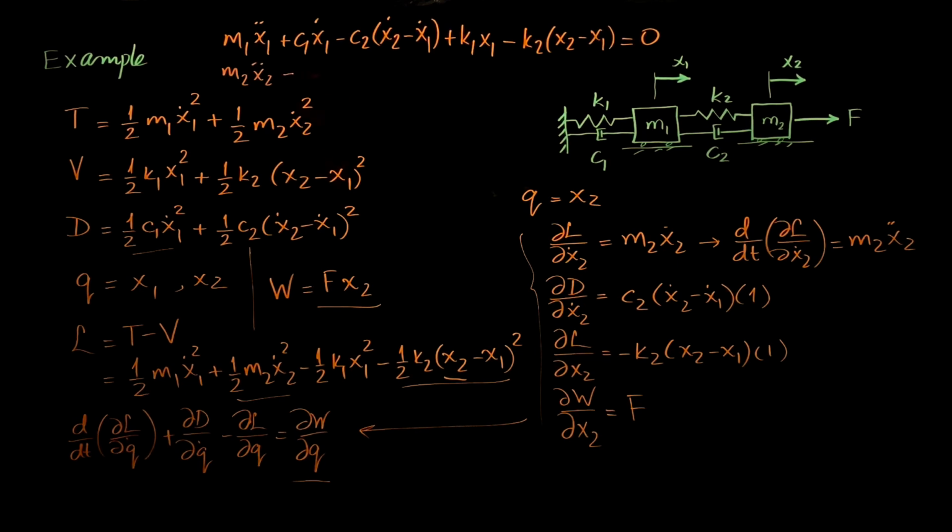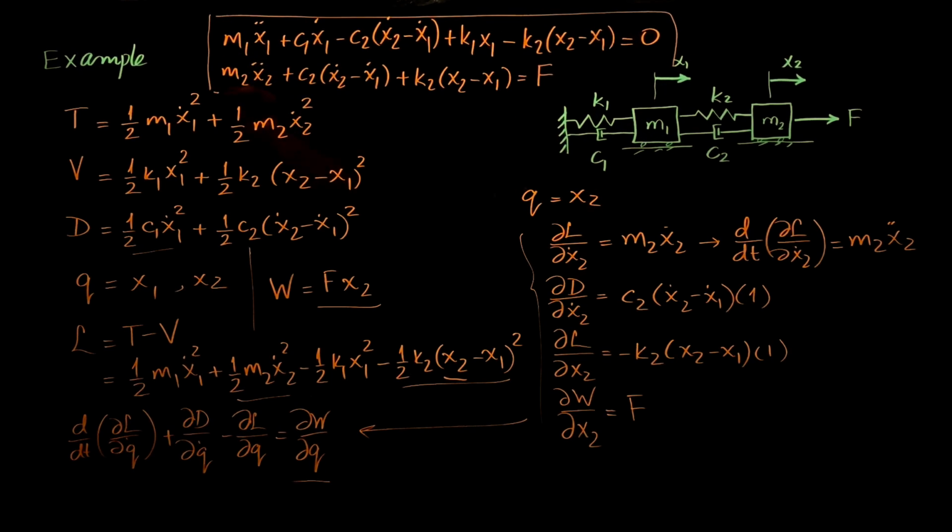The second term is plus c2 (x2 dot minus x1 dot), and the third term is minus partial L, so that becomes plus k2 (x2 minus x1), and finally that is equal to partial W partial x2, which is F. And this is the second differential equation, and these are the two ordinary differential equations describing this 2 degrees of freedom system.